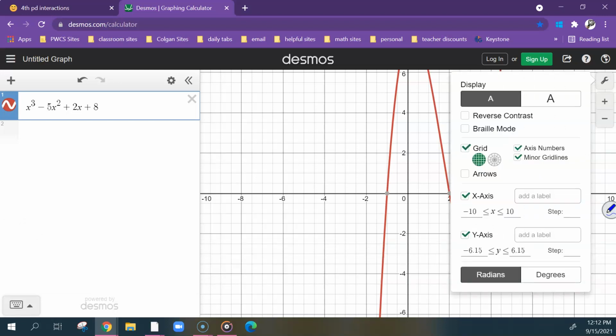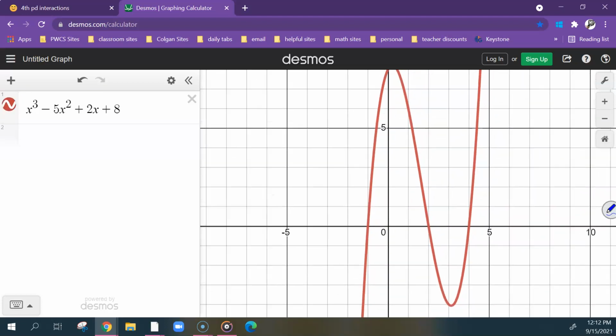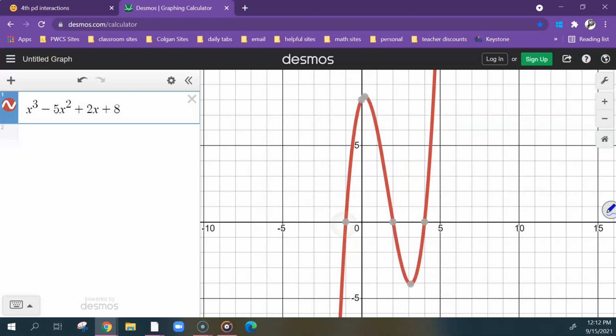And then you could click on your x and y intercepts so I can see the y-intercept.